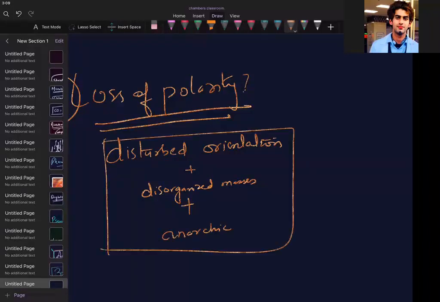This is the meaning of loss of polarity. That means every normal cell should have a polarity. Your cell has an orientation, a way it's oriented. There is an organization of the masses. Whatever you are forming, that is organized, that has been built for a purpose.